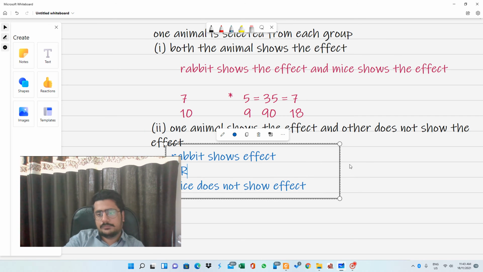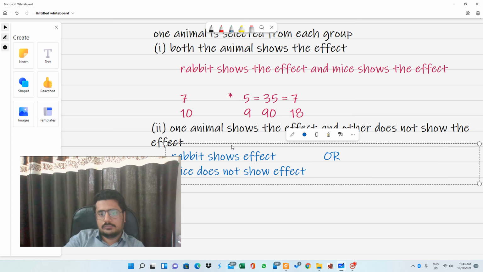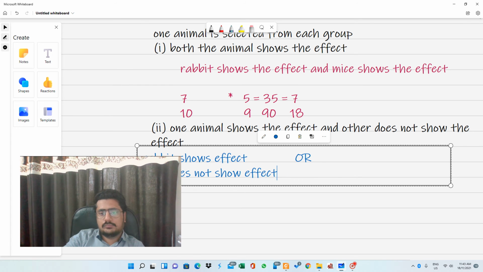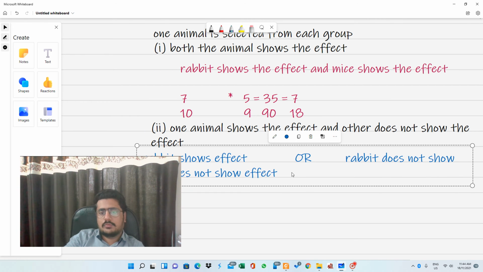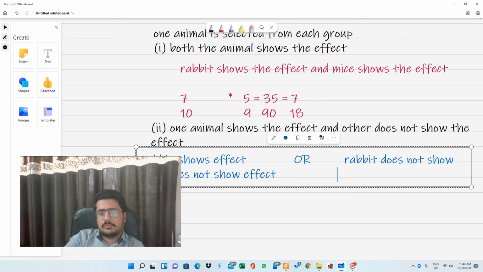Or the rabbit does not show the effect and the mouse shows the effect. They've asked me that one animal should show the effect and the other does not show the effect. This makes two possibilities. Rabbit shows the effect, mouse does not, or vice versa. Rabbit does not show the effect and mouse does show the effect.